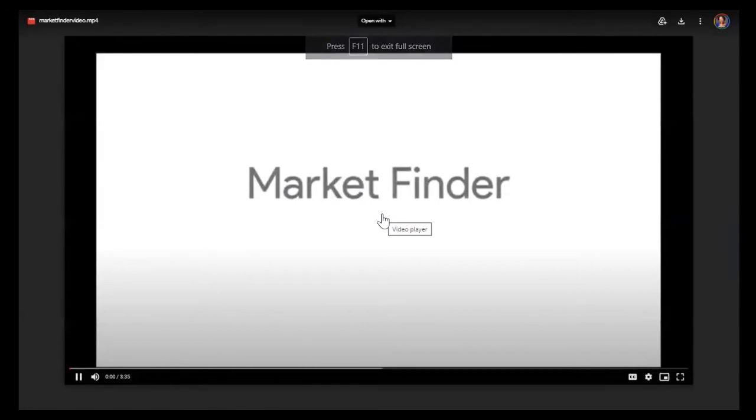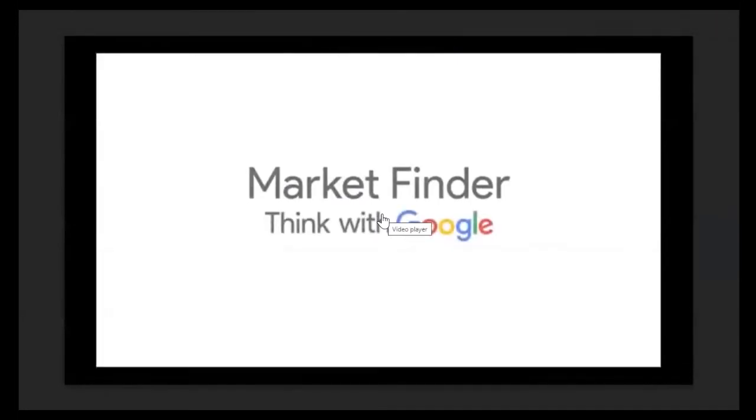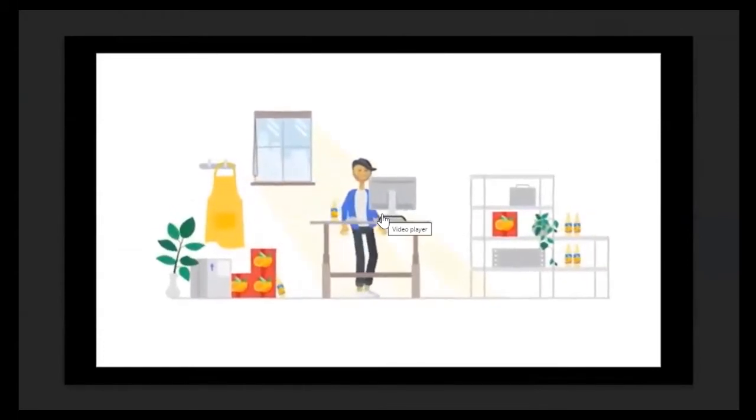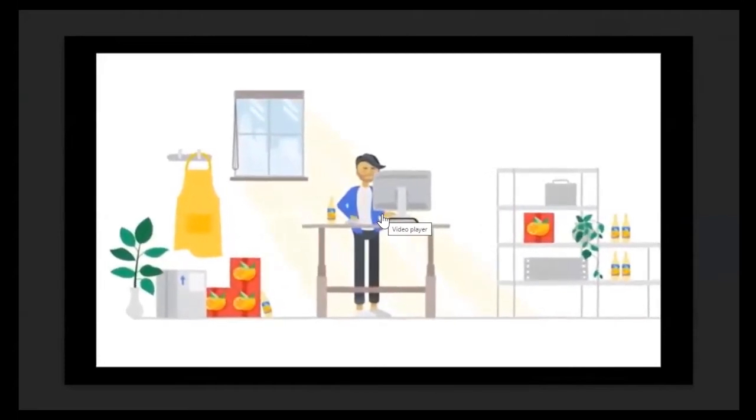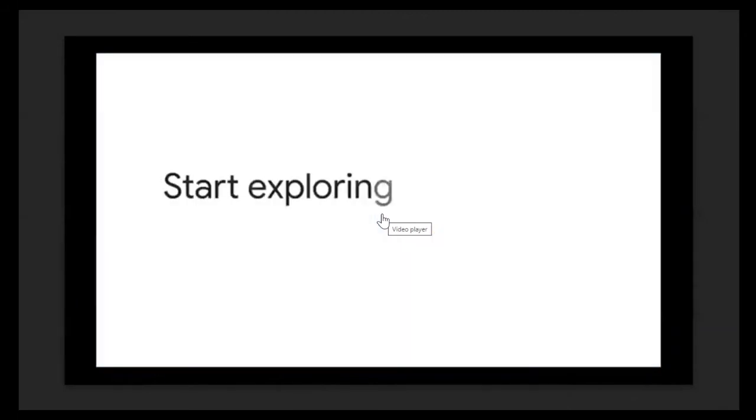Here it goes. Google's free Market Finder tool can help you find global markets to export your products to. Market Finder uses Google's unique data insights to help businesses make informed decisions about international growth in a matter of seconds. John has founded a juice store. Market Finder can help John to discover potential export markets, develop a marketing strategy, and understand the operations of every step.